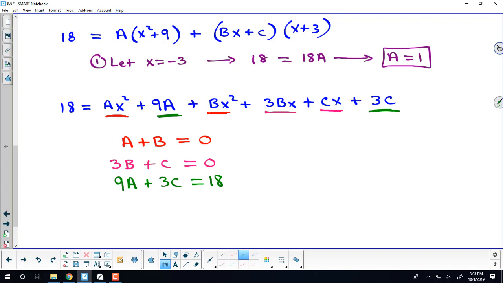Whether we did the shortcut or not, the shortcut just helps us because we know A, which gives us B. Since A is equal to 1, we have B equals -1 from this first equation.